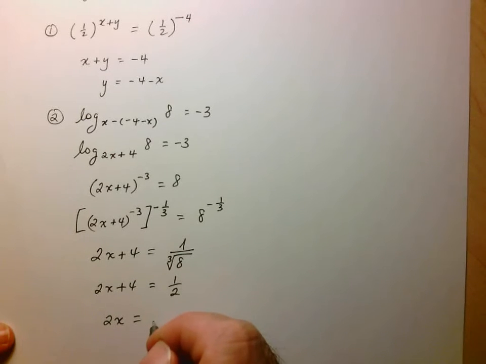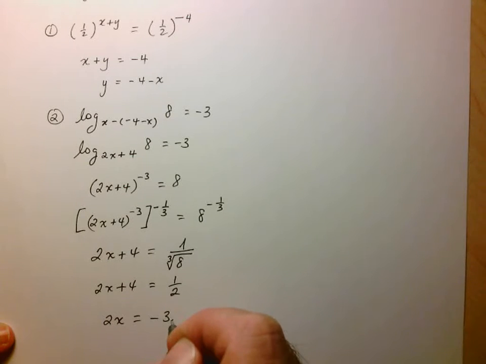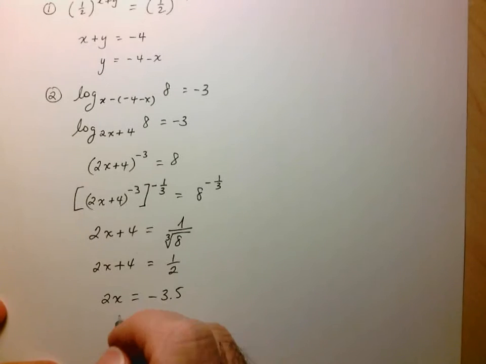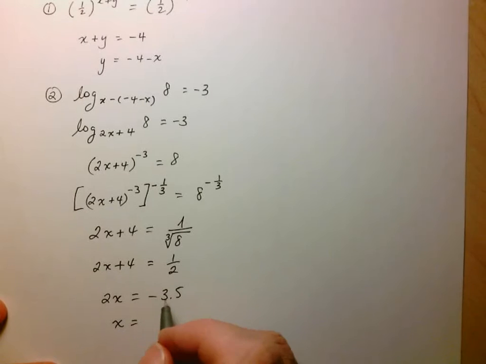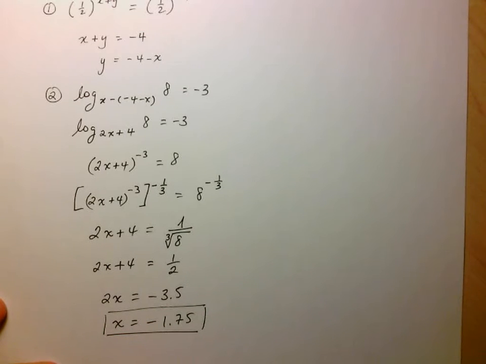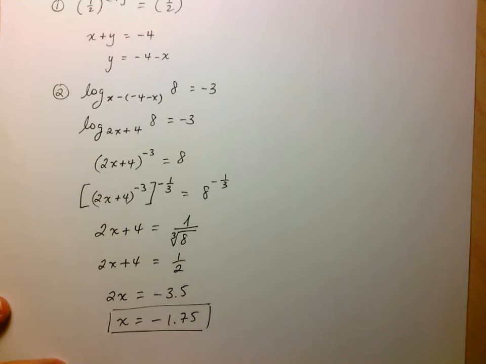So 2x equals 1/2 minus 4. Okay, so that's negative 3.5. And so x is equal to negative 3.5 divided by 2, and that's negative 1.75. So there we have it. We have our x value now, and all we have to do is find our y value.